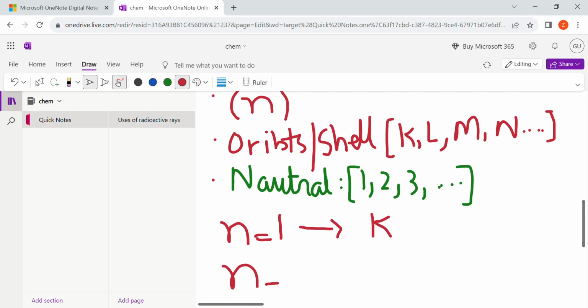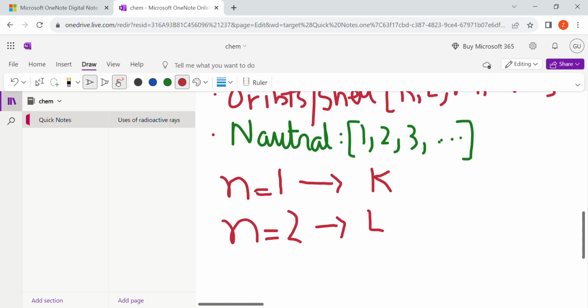Then we have n equal to 2, that is L. When it comes to 3, we say M. If I give you a number 7, can you say what's the shell behind this? That is Q.